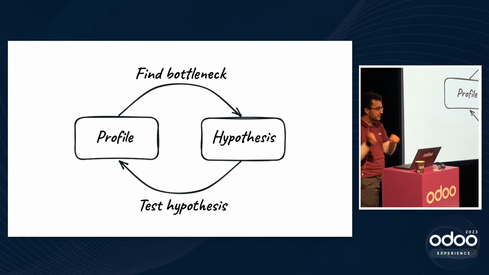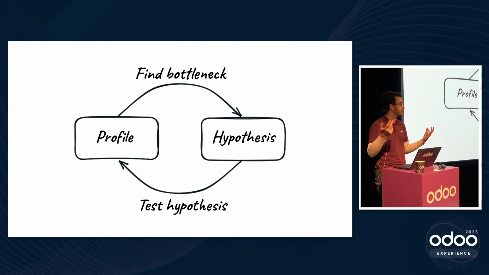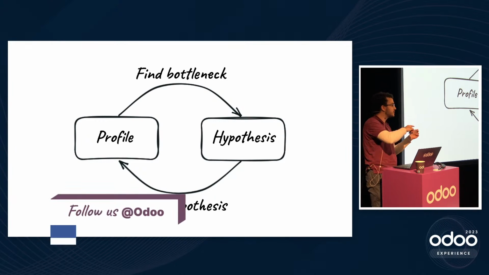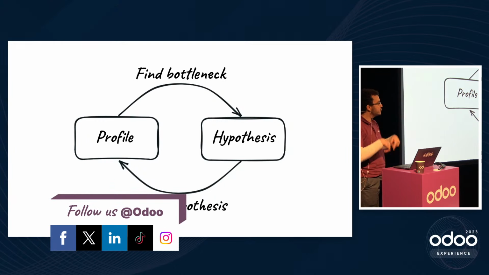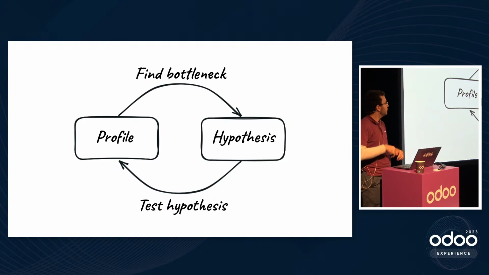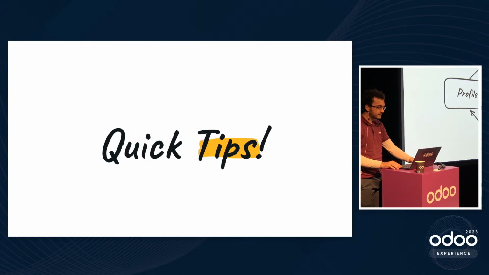We test the hypothesis, because just adding an index because you saw a sequential scan with a high filter rate doesn't mean the index will be used, or maybe Postgres will choose another plan that's less optimized than what you thought it would be. And then you profile again, you see the result. If the results are good, you're done. If not, you go again, you try something else.